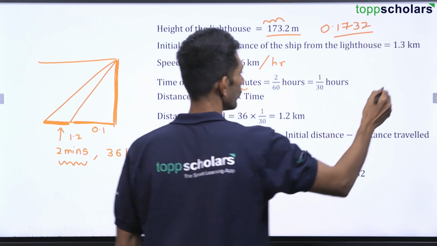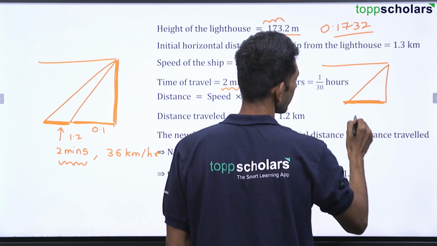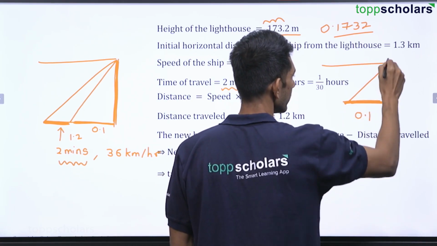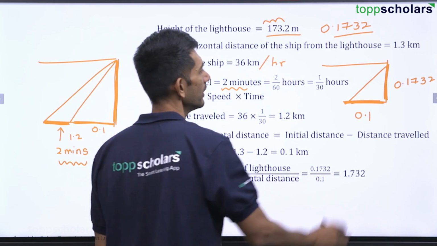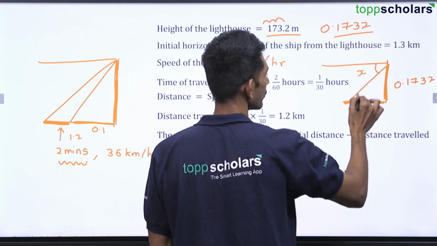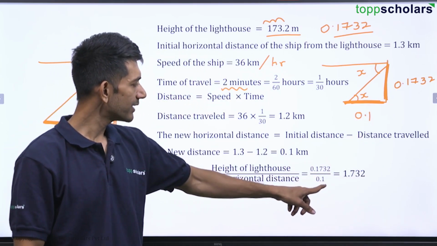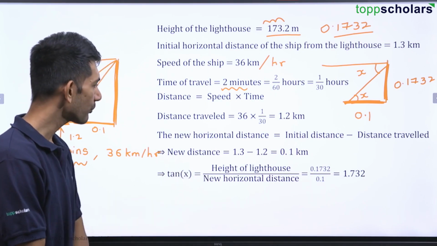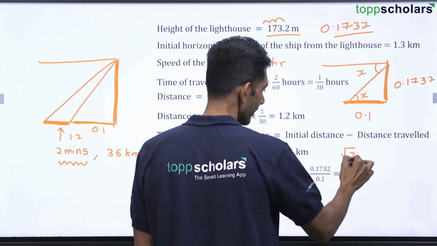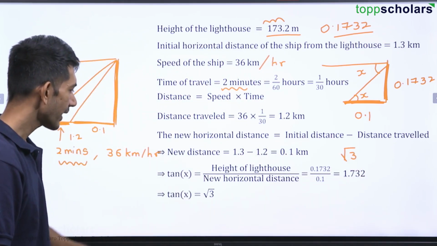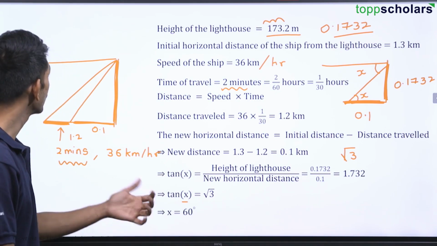So now in a right angle triangle, if you see, this part is 0.1, this part is 0.1732, correct? This angle entire is x, so this is also x. So we can use tan theta. Tan is opposite by adjacent, that is 1.732. So tan x is 1.732. 1.732 is approximately root 3, correct? So tan x is root 3. So can I say x will be 60 degrees? Theta will be 60 degrees because tan 60 is root 3.